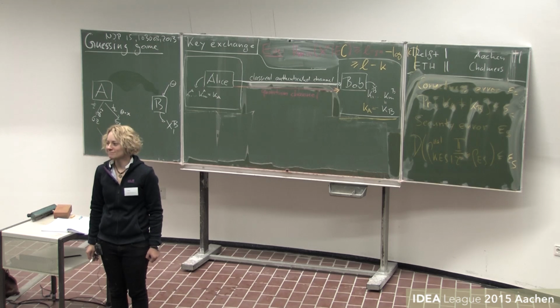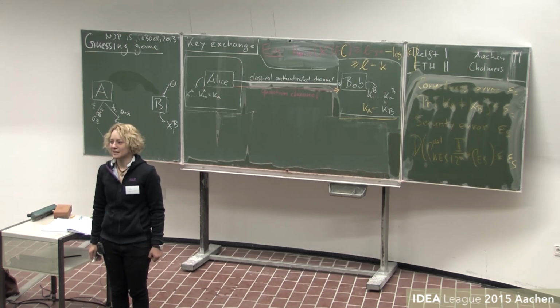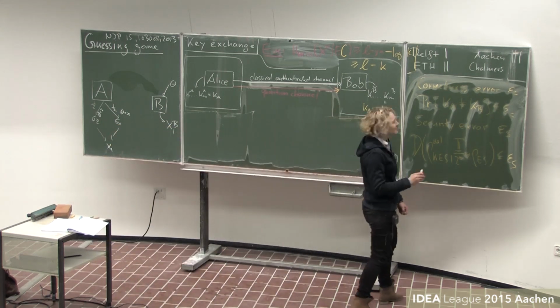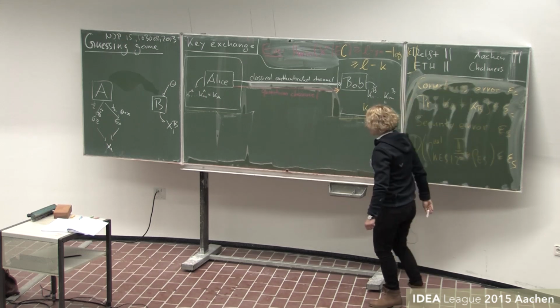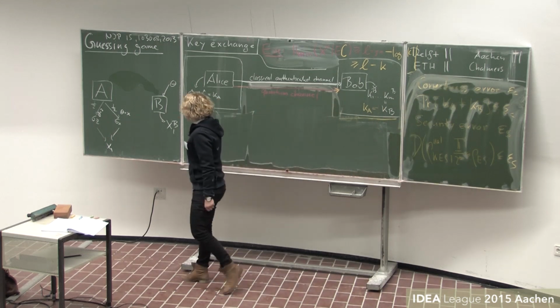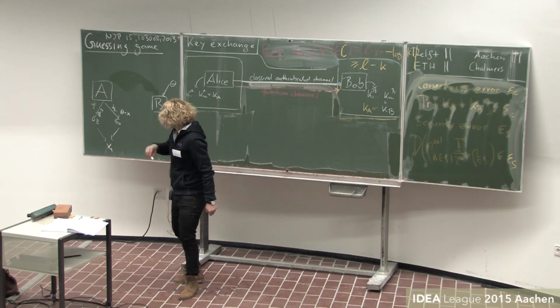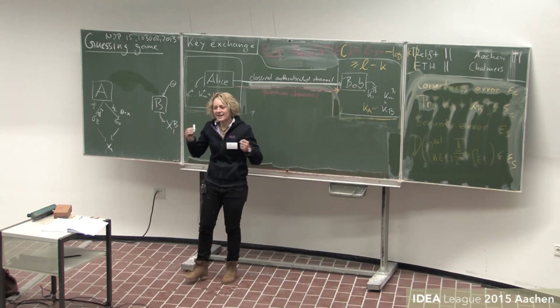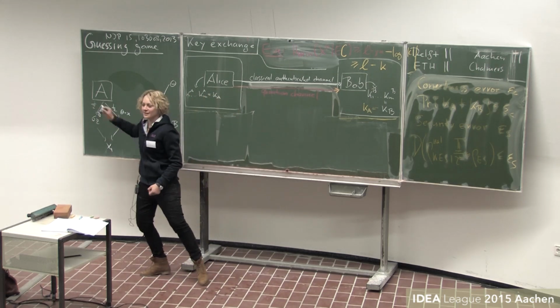What are you going to send to me? Any takers? Aha, okay, very good. It's great. So you are quite smart, and basically you're saying, well, if I'm Bob, I'm going to prepare an entangled pair, and I'm going to send half to Alice.